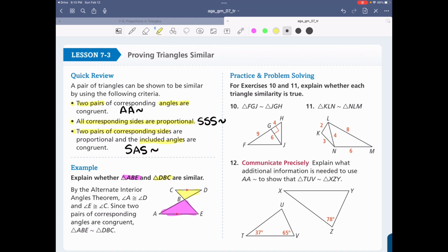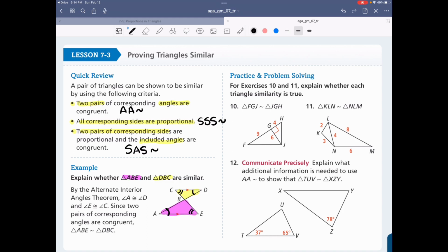By the alternate interior angles theorem, angle A is congruent to angle D. And that's because the lines are parallel and those are alternate interior angles. Angle E and angle C are also congruent because of the alternate interior angles theorem.